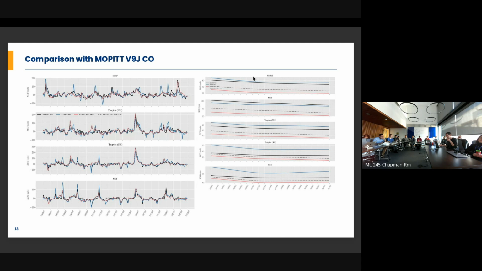So here I'm decomposing the MOPITT time series over the 20 years into the trend and interannual variability.